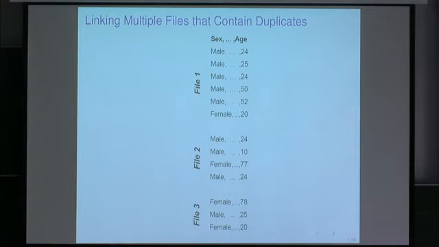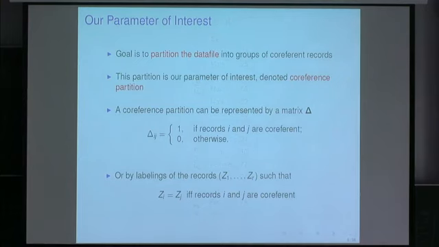So what does that mean? That means that the goal of joint duplicate detection and record linkage is to partition the data file, right, into groups of coreferent records, right? And so what that means really at the end is that the final parameter of interest of the whole process is a partition that I'm going to call a coreference partition.